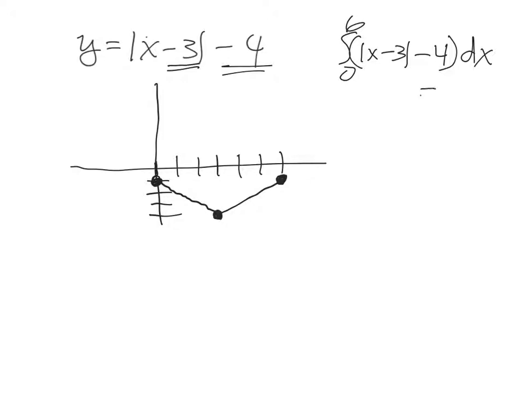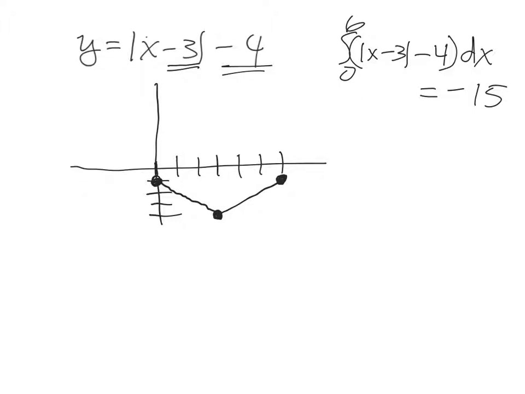Now, this value we said ended up being negative 15. The definite integral is going to represent area. If the definite integral is positive, it's actually the area under the curve and above the x-axis.